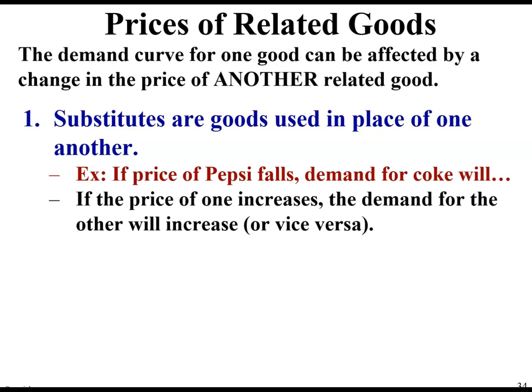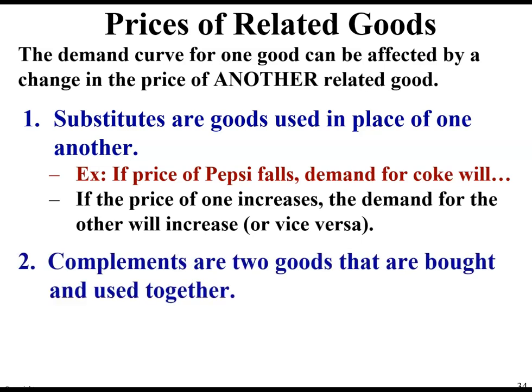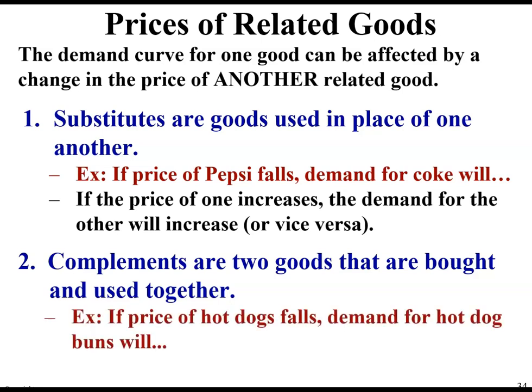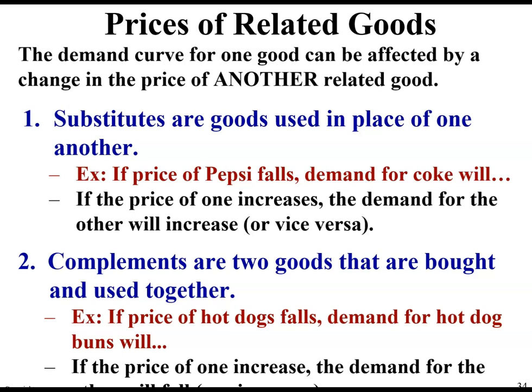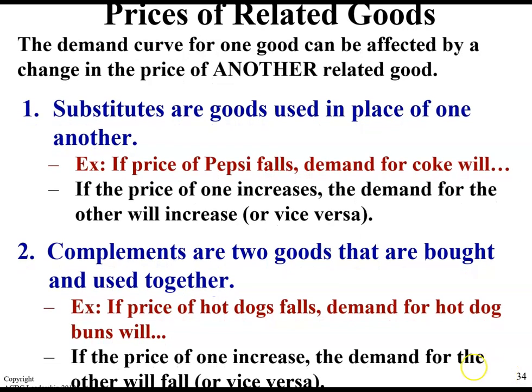If the price of one good increases, the demand for the other will increase, or vice versa. Complements are two goods that are bought and used together. So if the price of hot dogs falls, the demand for hot dog buns is going to go up. If the price of one increases, the demand for the other is going to fall, or vice versa.